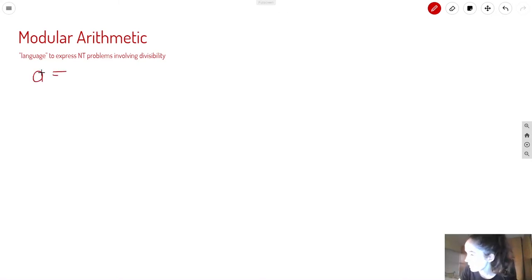We say A is congruent to B mod M. We can also write this as A is congruent to B, and then the mod M at the end of the expression.